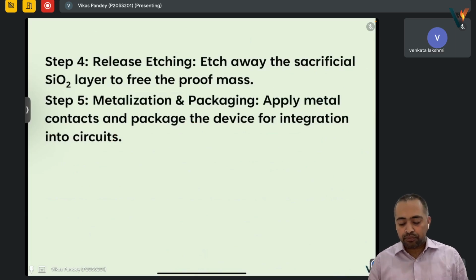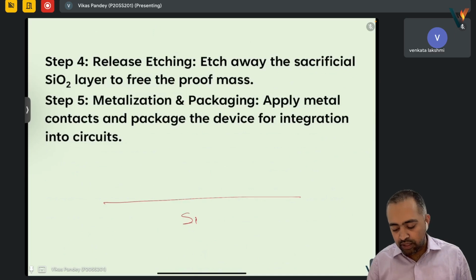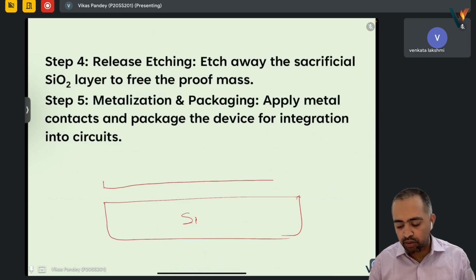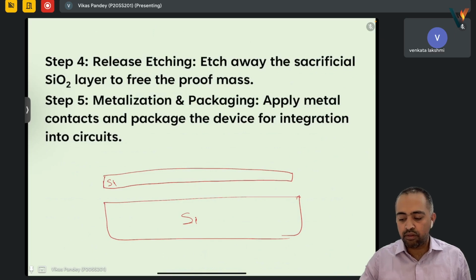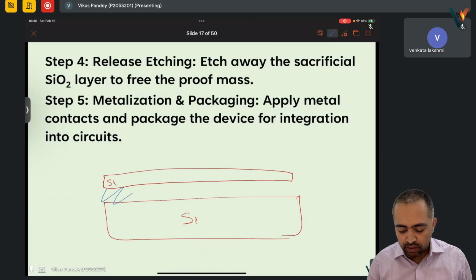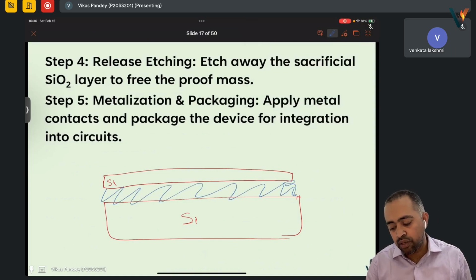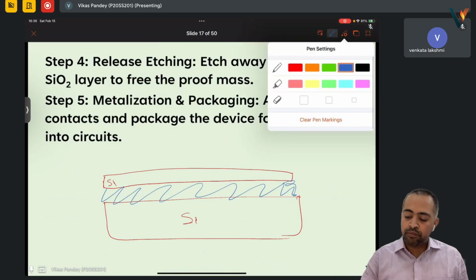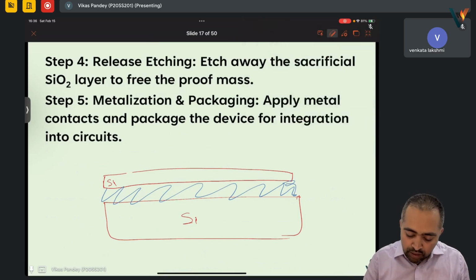So we have Si, okay, again on top we have Si and this SiO2. Now what we did was we patterned it such that we are just keeping the layer.